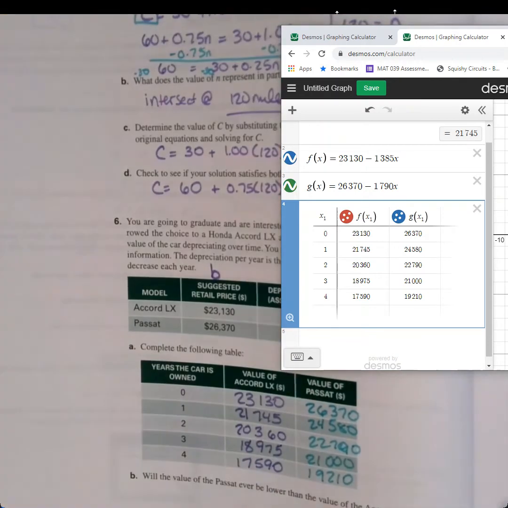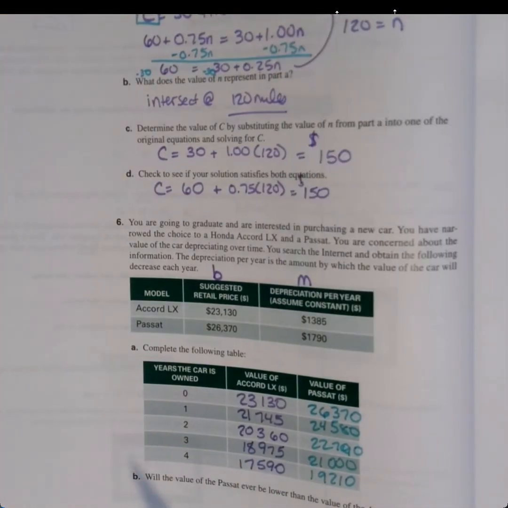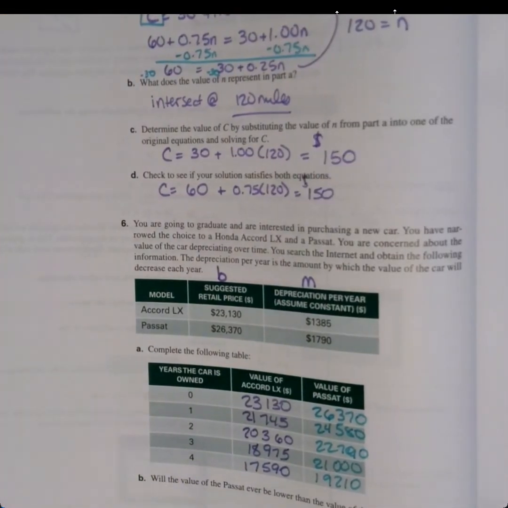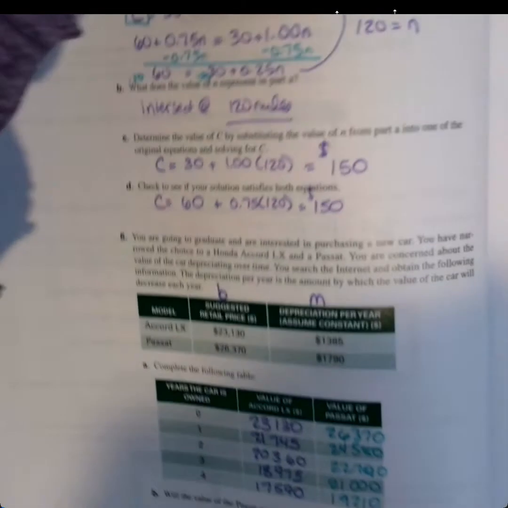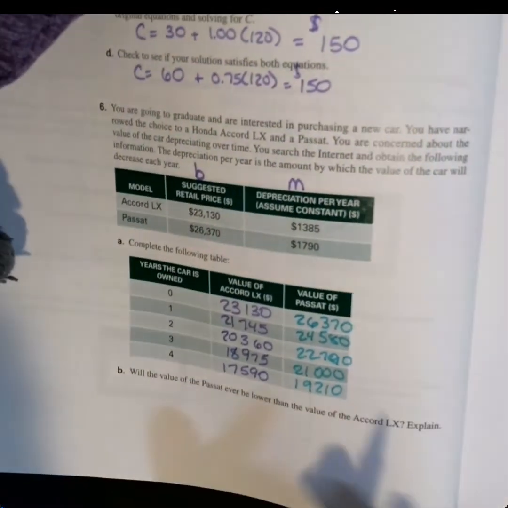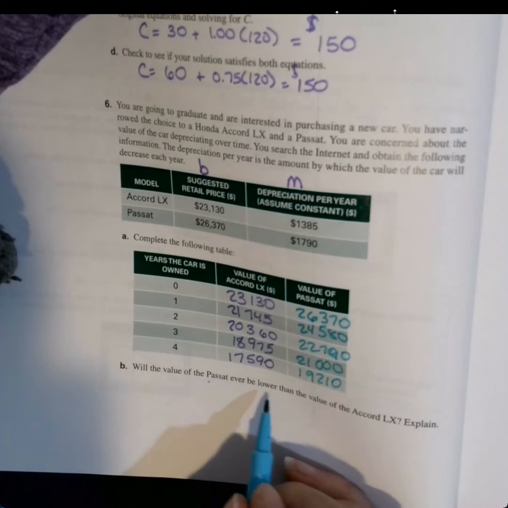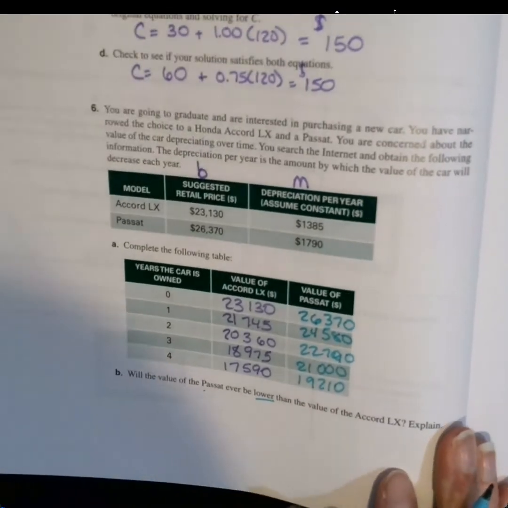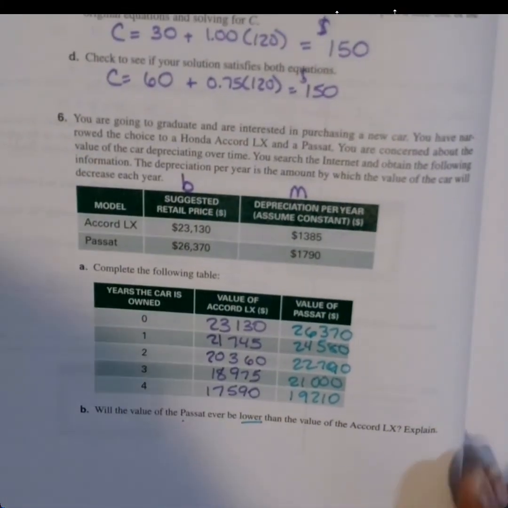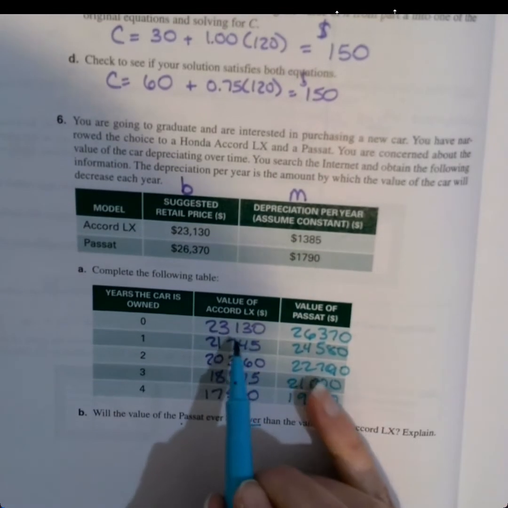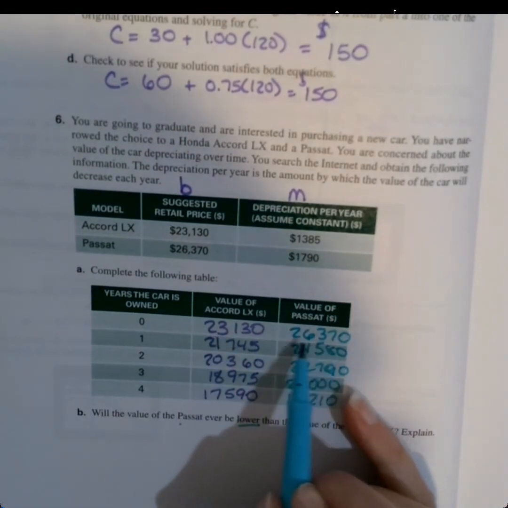Okay. So we're asked down below, will the value of the Passat ever be lower than the value of the Accord? Okay. So the value of the Passat is higher.